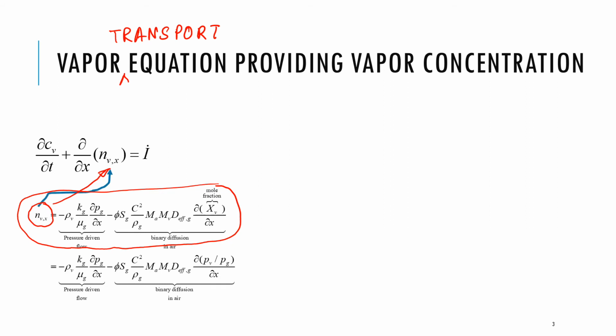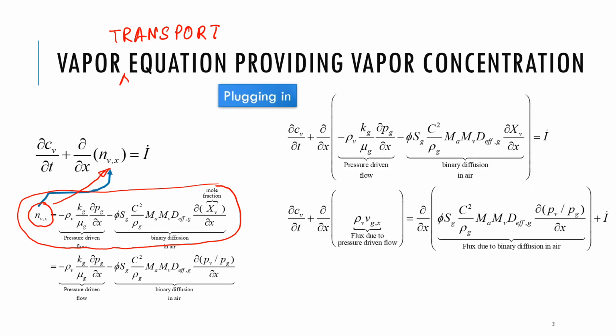And now if I do that, the rest of it is just going to be algebra, just plugging in. And so we have del CV del t, that term here, and then del x of this entire quantity is equal to I dot. Remember, I dot is a source term for the vapor equation because liquid is being converted into vapor, so it's a positive term.